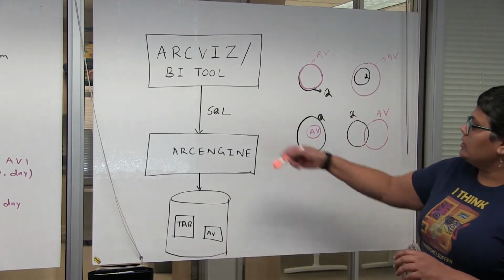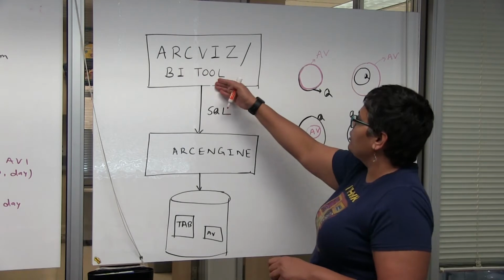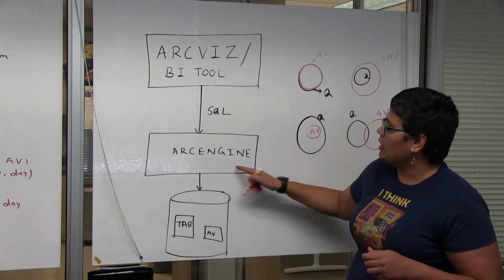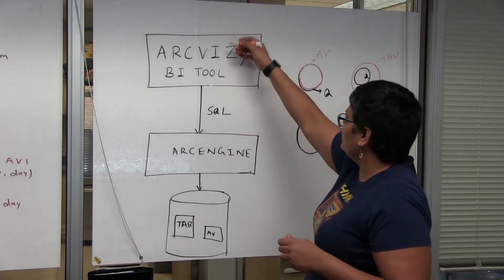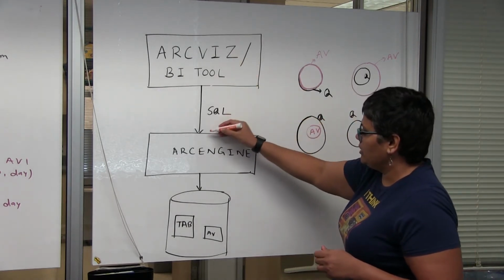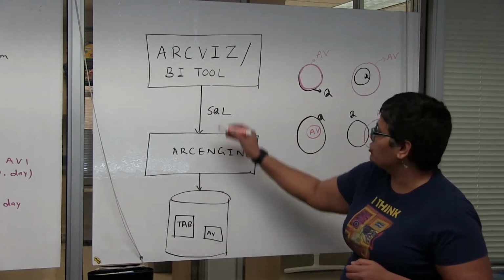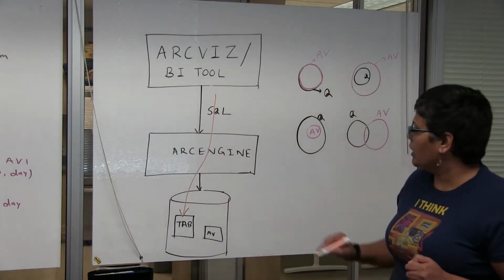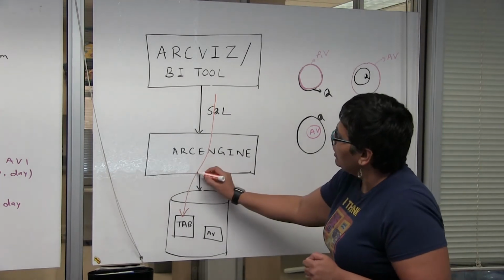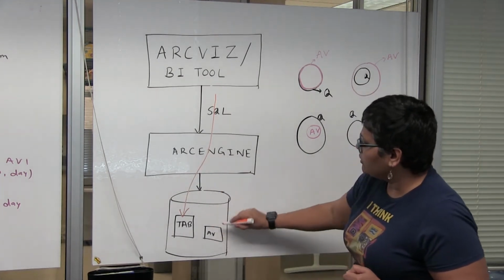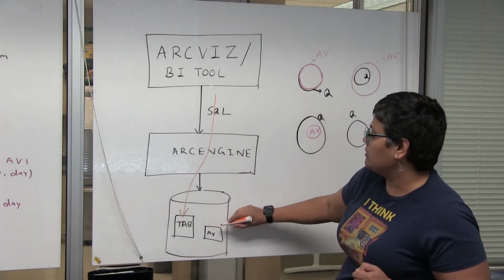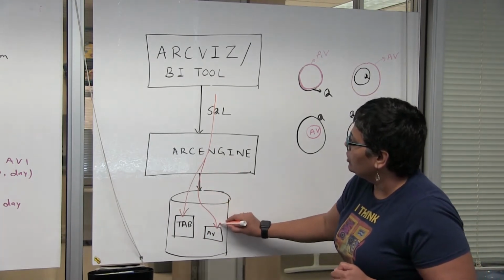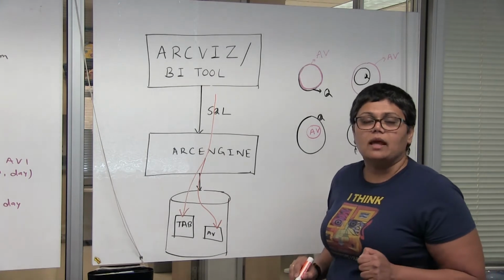So let's imagine a BI tool, or let's say the Arcadia visualization tool, that connects to the ArcEngine, and these BI tools issue SQL queries which ArcEngine then executes. The query is written against a table, but ArcEngine internally will figure out if the analytical view has the right data to answer that query, and it's going to actually run the query against the analytical view.